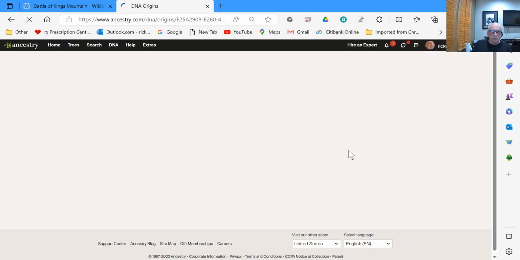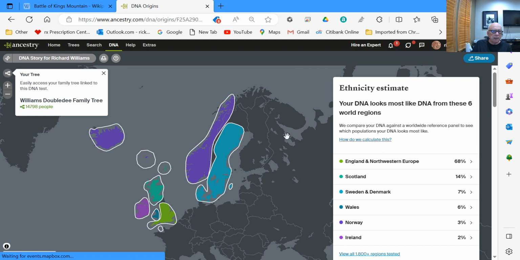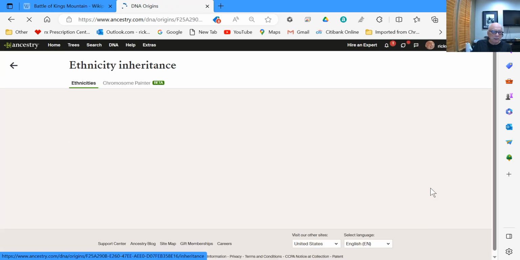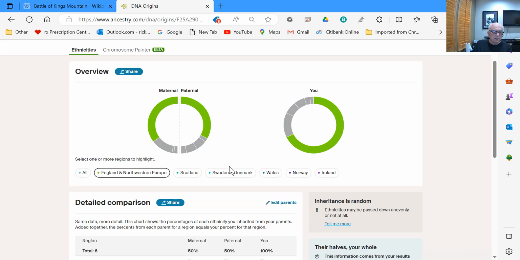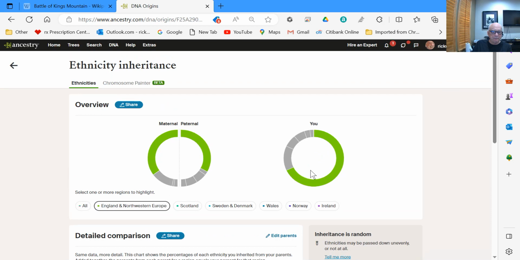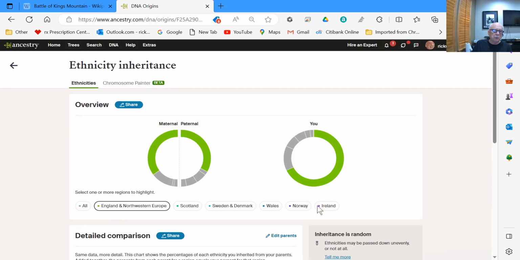Let me go back to the original page since that didn't work, and I will come down here and click on the paternal side, and you'll get a different set of statistics for the paternal side.